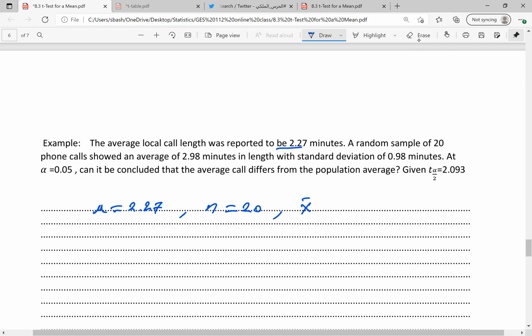This is x bar, the mean of the sample, which is 2.98 minutes, and a standard deviation of s equal to 0.98 minutes. At alpha equal to 0.05, can we conclude that the average call differs from the population average?